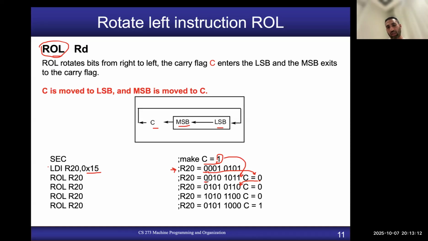I don't want to draw it again, because then it will become visually not understandable. So this 0 is placed into the carry here, right? And all other bits are moved once to the left position.